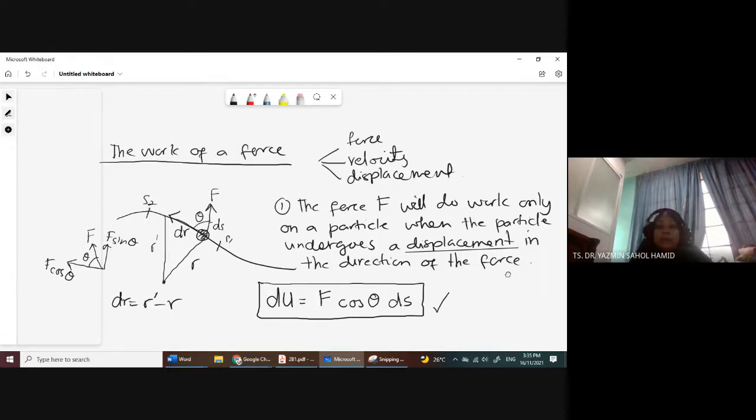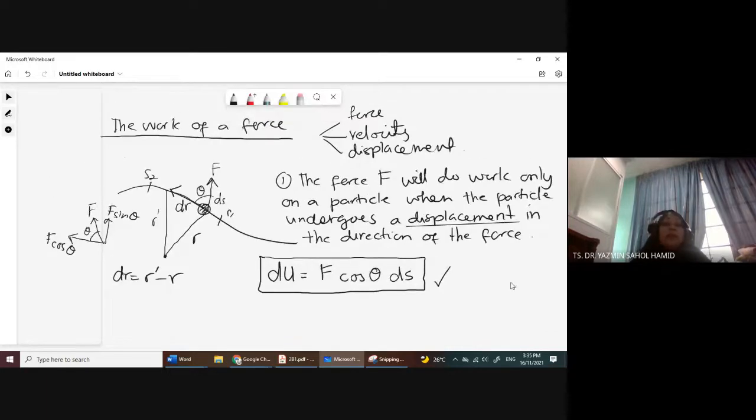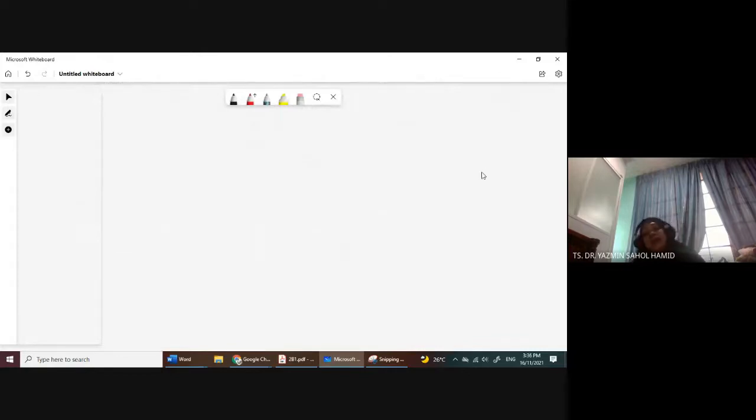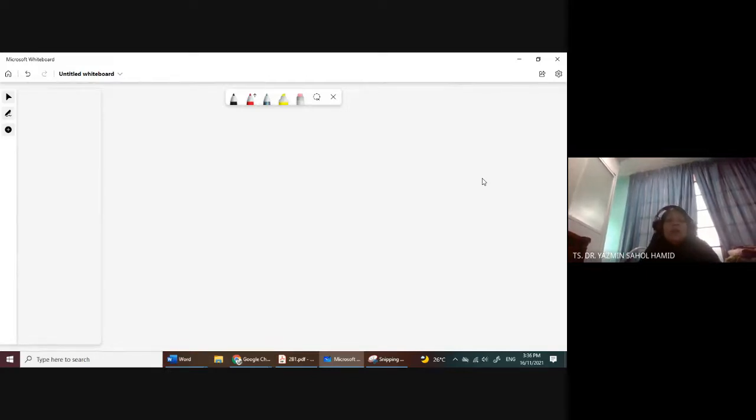Now that you understand the work of a force, of course in dynamics there are many different types of forces that can happen, and different types of examples, because we have lots of applications of work that we see in our daily lives, which we will discuss in a while. But before that, I would like to go through the types of forces.